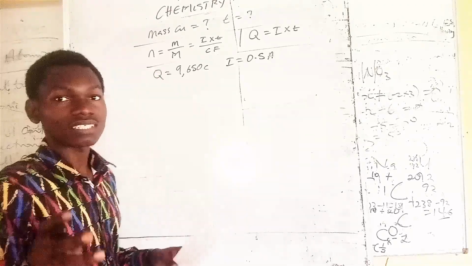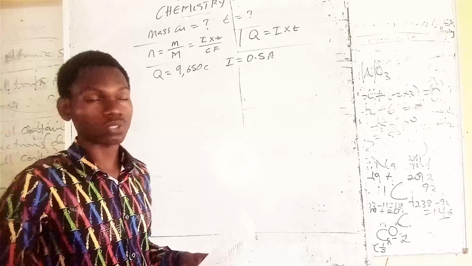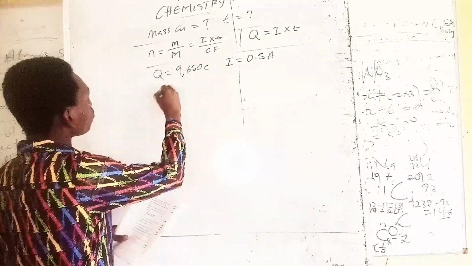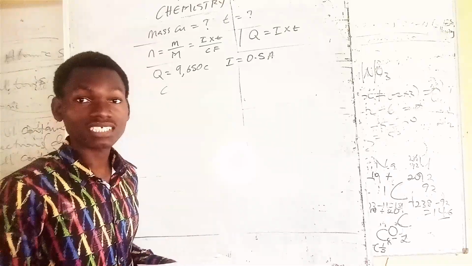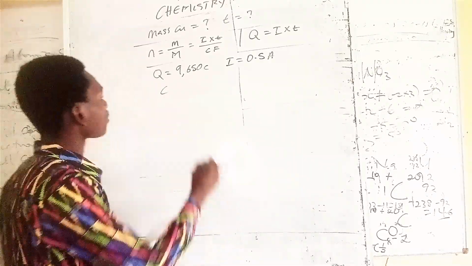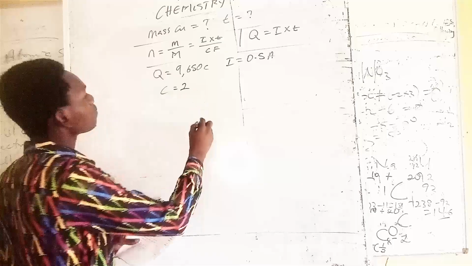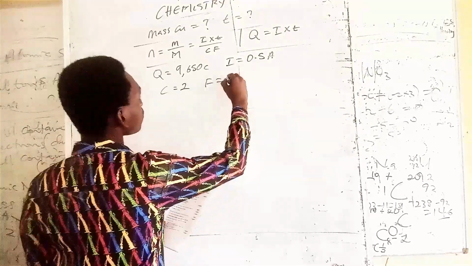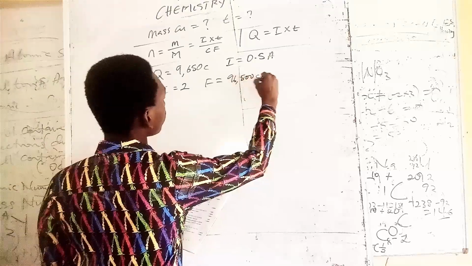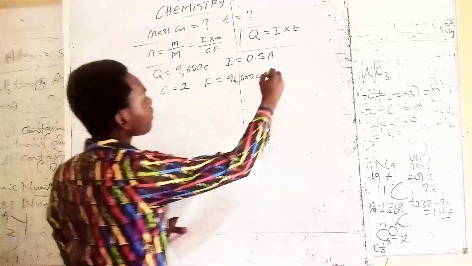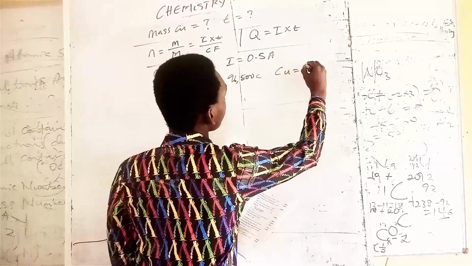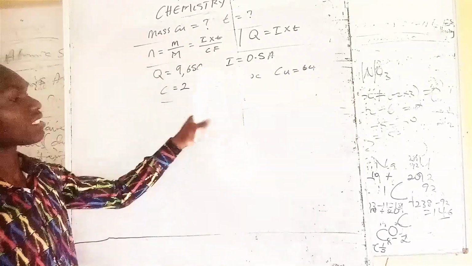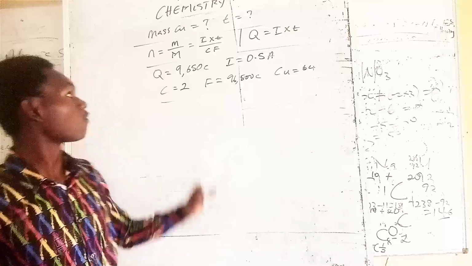We are told that it is a copper 2 salt, which means our C is going to be 2, because copper is a divalent metal. We are also given Faraday's constant, which is always constant, to be 9,650 coulombs. And lastly, we are given the molar mass of copper to be 64. So these are all the parameters given to us in order to solve for mass.